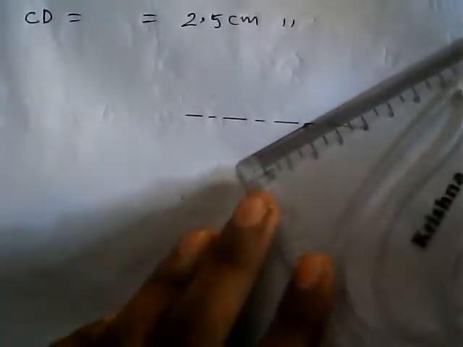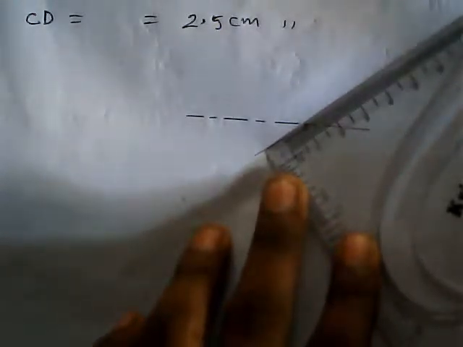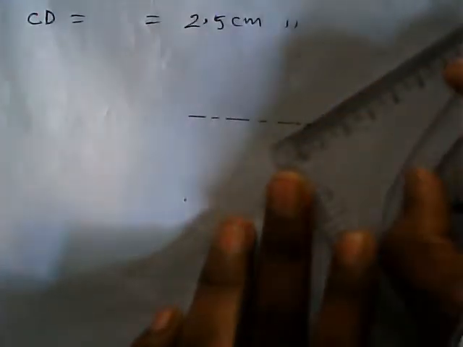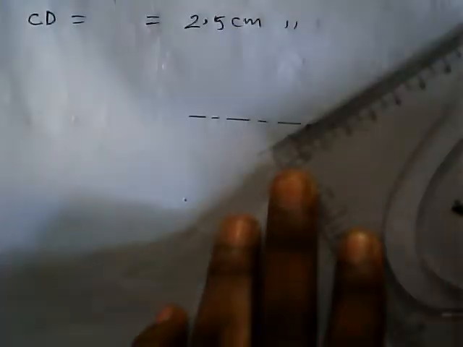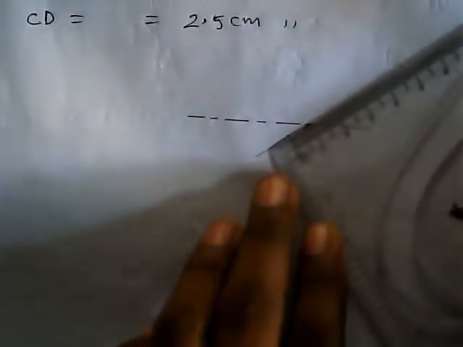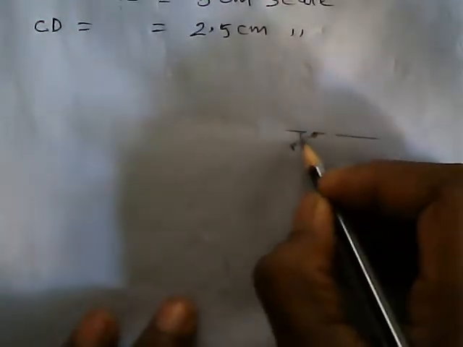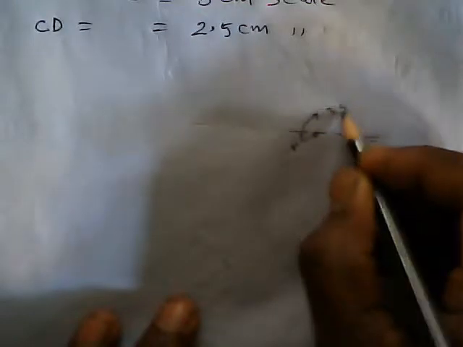From this angle, the crank is rotated with respect to this point, that is 1 centimeter scale, and the angle is 35 degree.